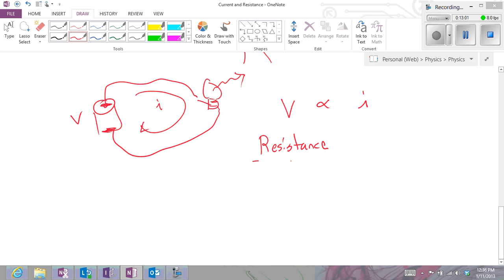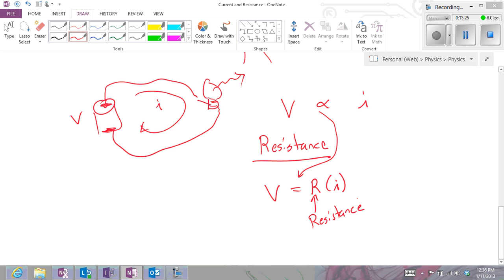We declare the proportionality constant between V and I to be the electrical quantity called resistance. So we say that V is equal to R times I. This is a proportionality constant that makes our direct proportionality turn into an equal sign. And this we call the resistance.